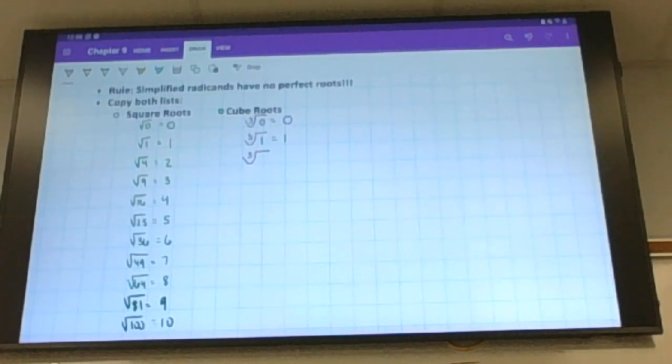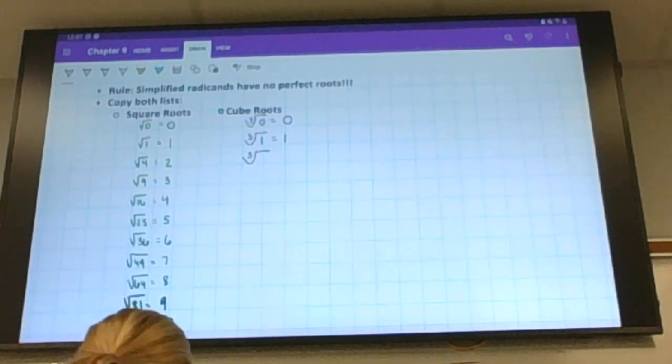Just try 7. Sometimes I mess 7 up. 7 to the 3rd. Got it. 8 to the 3rd. Got it. 9 to the 3rd. Got it. Yeah, those are good. So I know you're familiar with the first list of squares, but being familiar with the cubes just takes a little bit longer. So we're gonna make a list of the cubes.